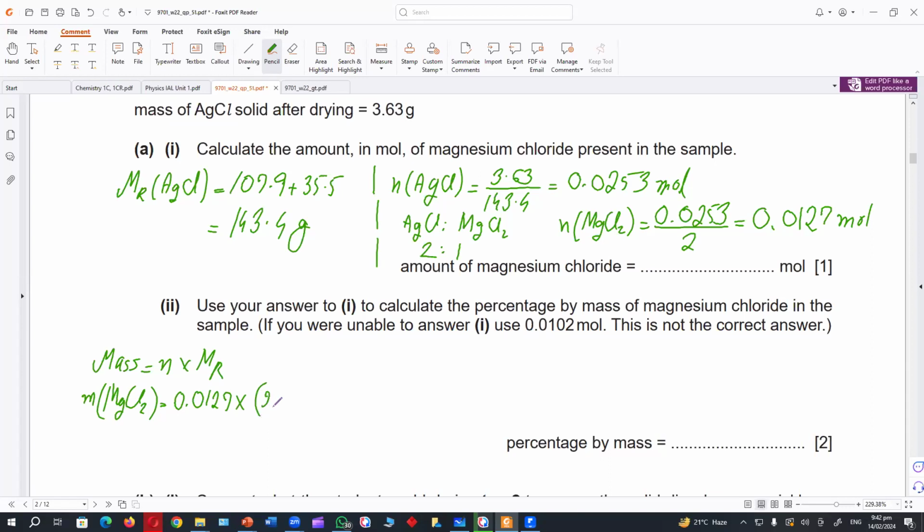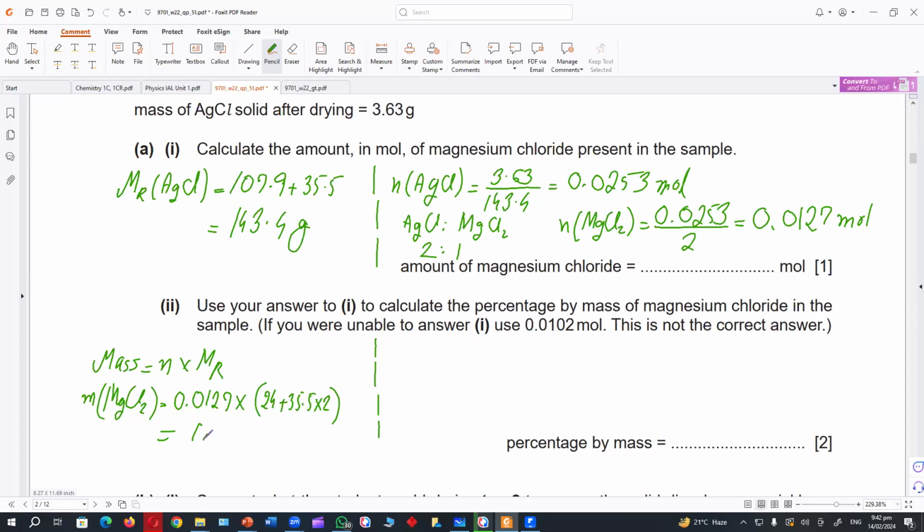Magnesium is 24 plus 35.5 into 2, it's 95. So 95 into 0.0127 is 1.2.